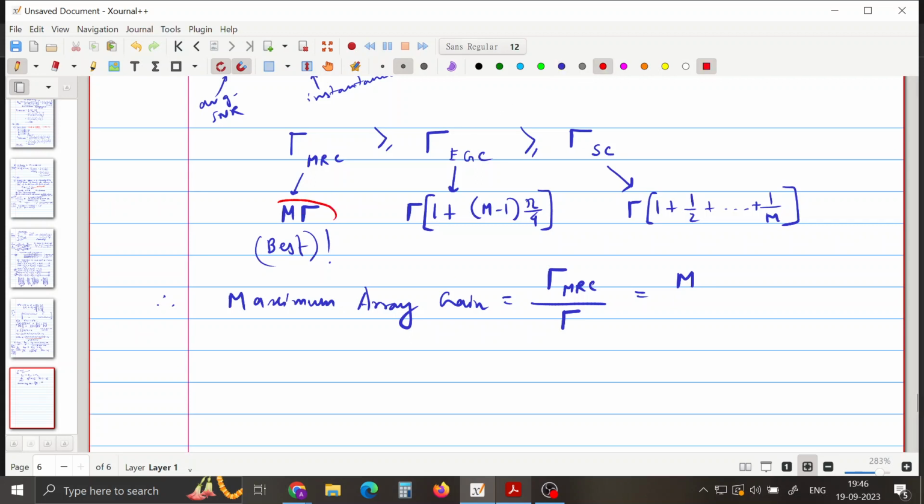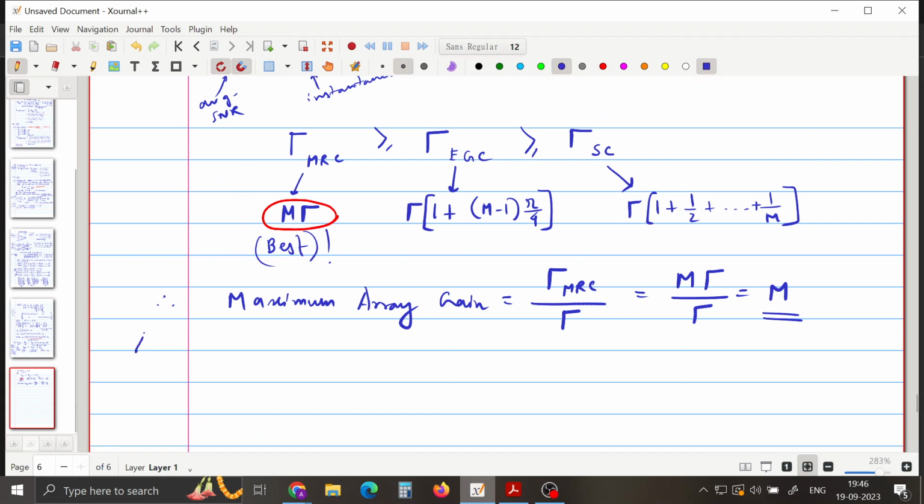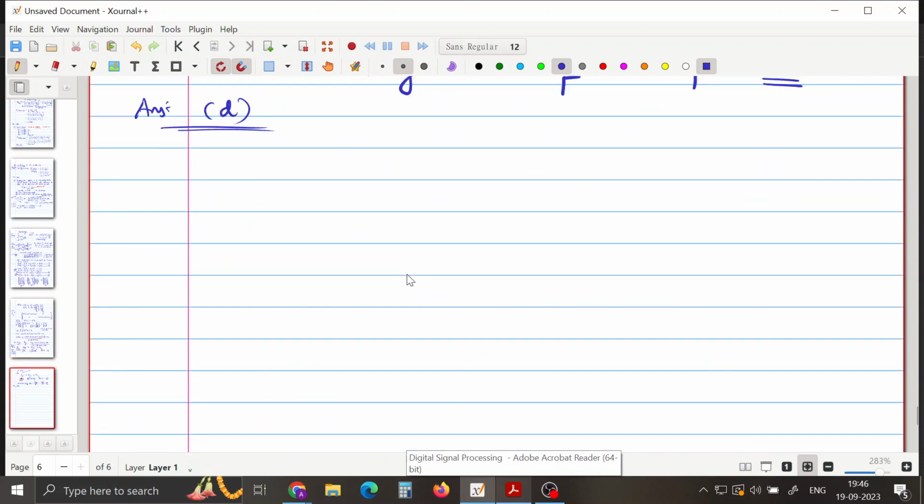M times gamma divided by gamma, so the gain factor is m. That's the best, okay? So option D, MRC is the best. All right, so it was a theoretical question again.